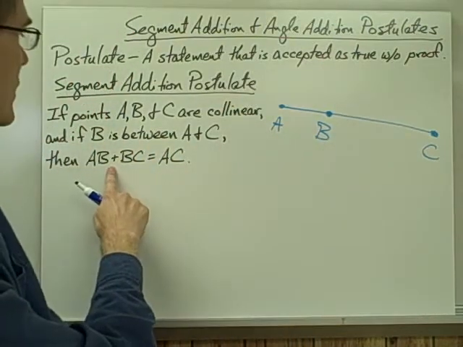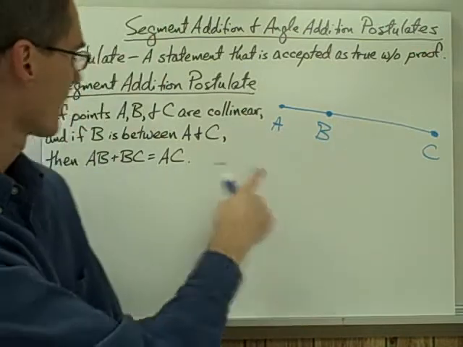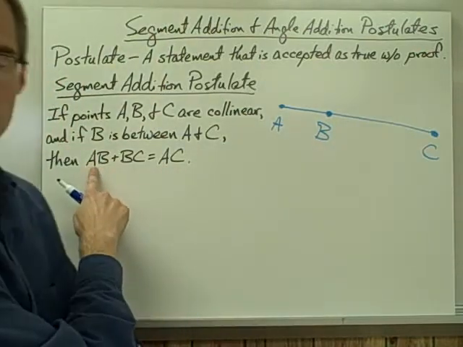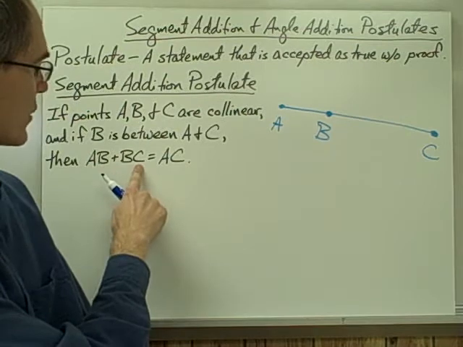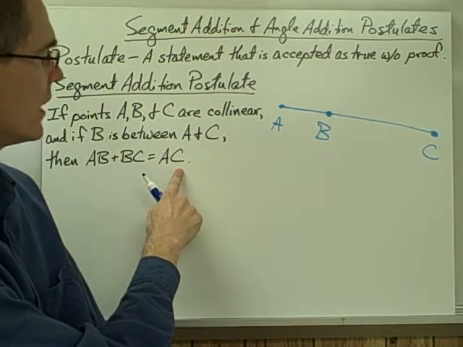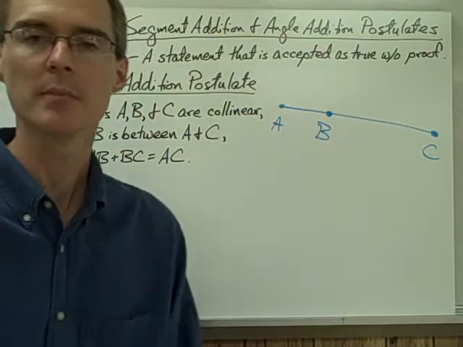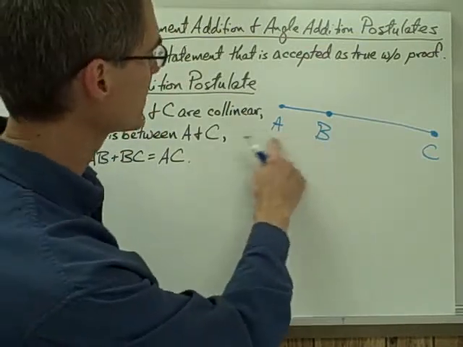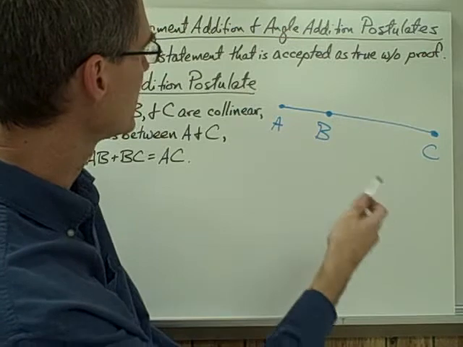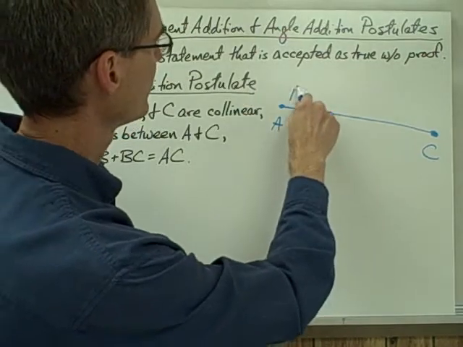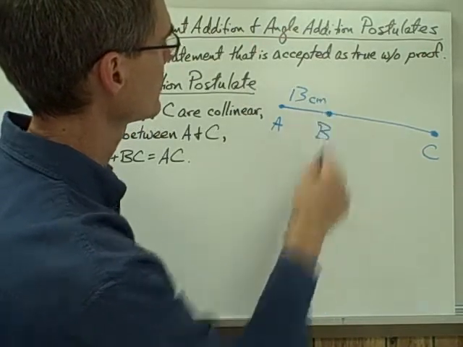Now, according to the segment addition postulate, the length or the measure of segment AB plus the measure of segment BC is equal to the measure of segment AC. Let's go ahead and put some measures on here. Let's say the distance from A to B is 13 centimeters.